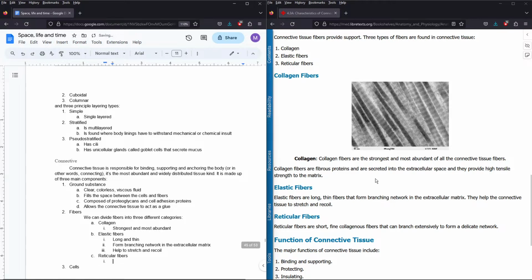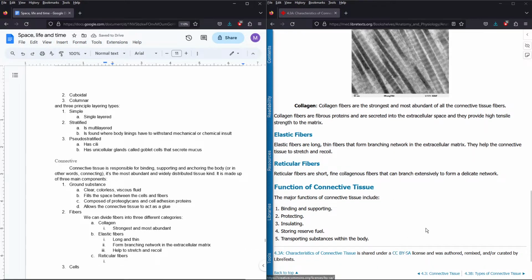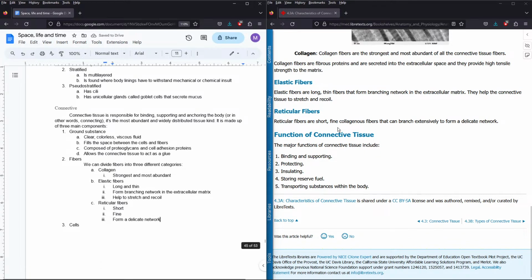And reticular: short, fine, collagenous fibers that can branch extensively to form a delicate network. Got it, understood. The connective tissue's major functions: binding, supporting, protecting, insulating, storing reserve fuel, and transporting substances within the body.